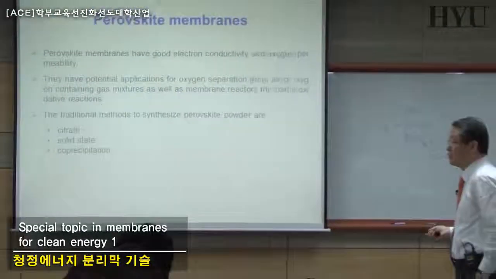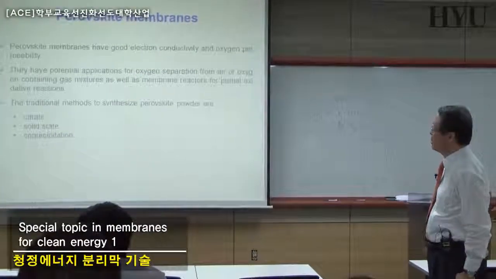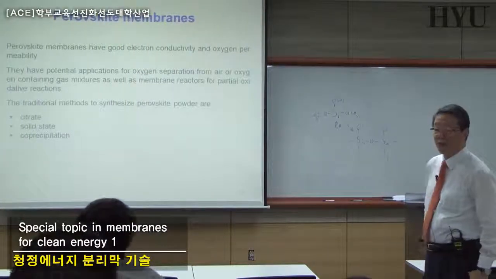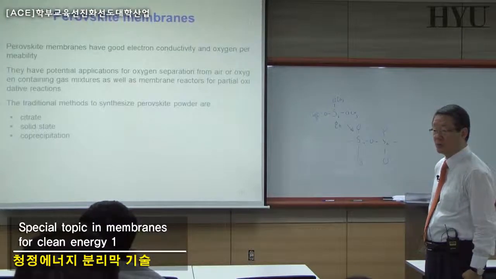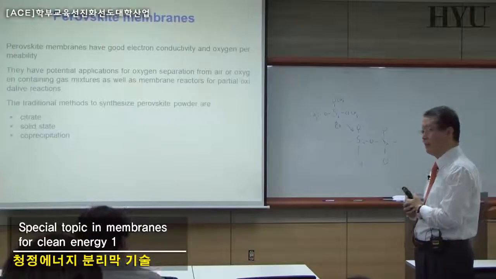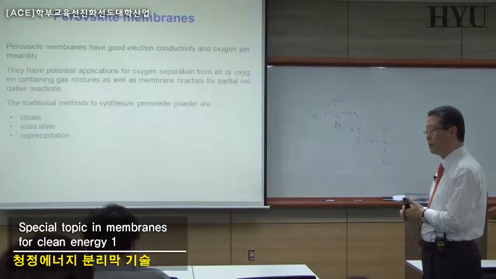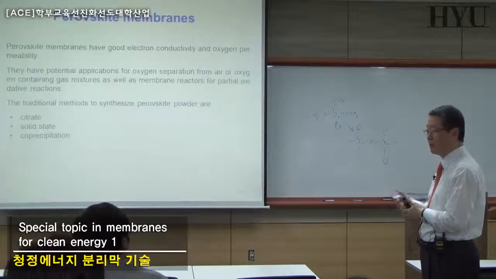Next preparation method is about the perovskite membrane. This perovskite membrane has a very high electron conductivity, so it could be used to make the oxygen selective membrane called the ion transport membrane, ITM.